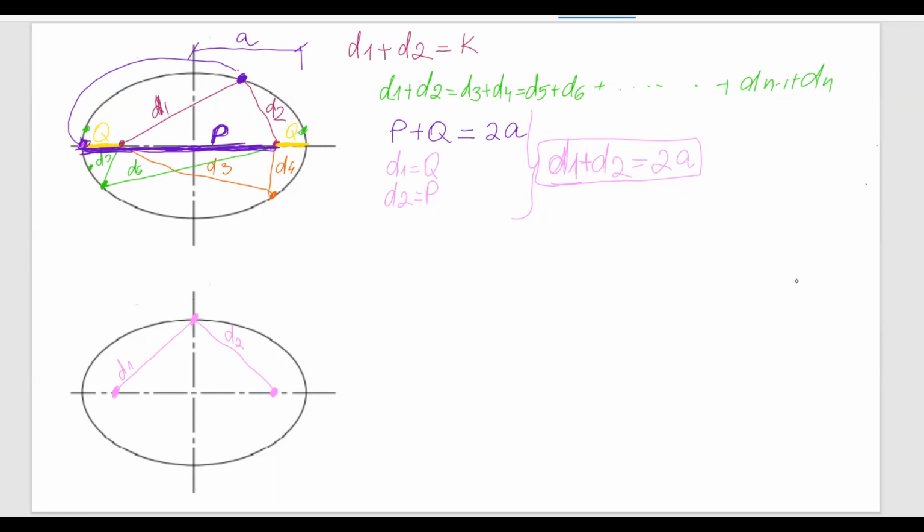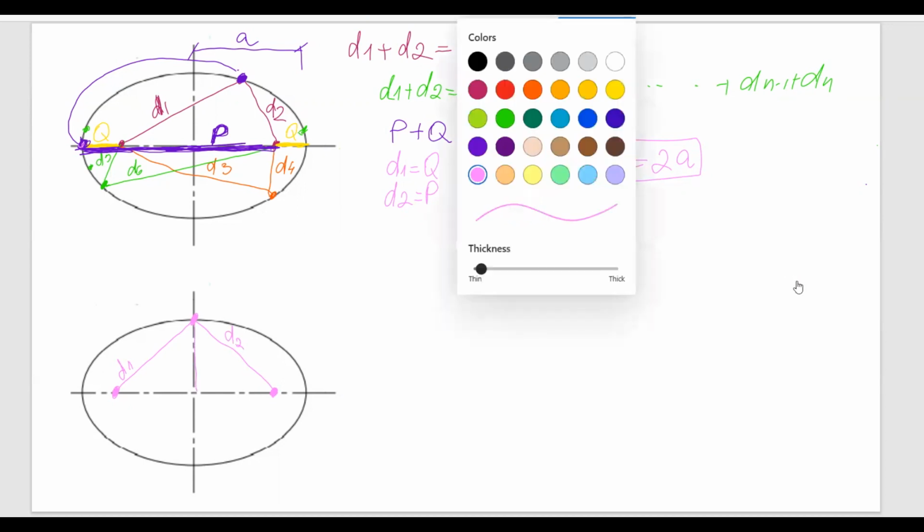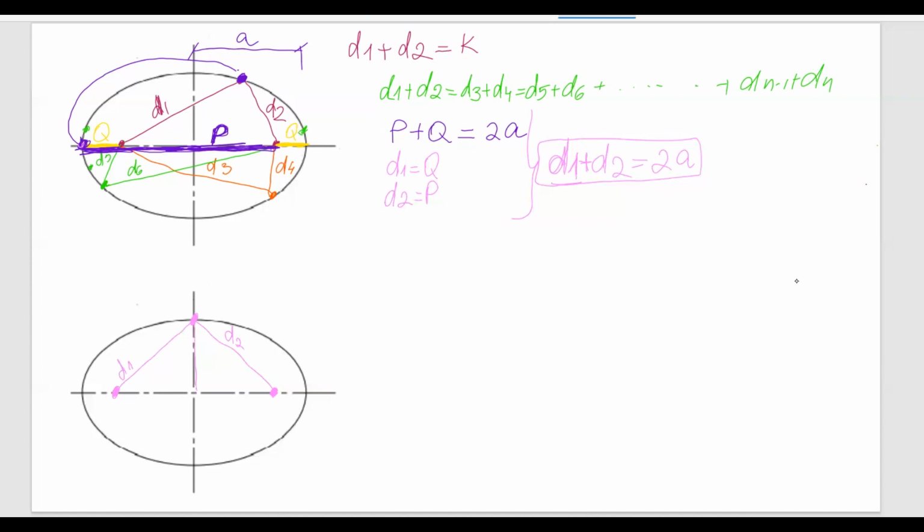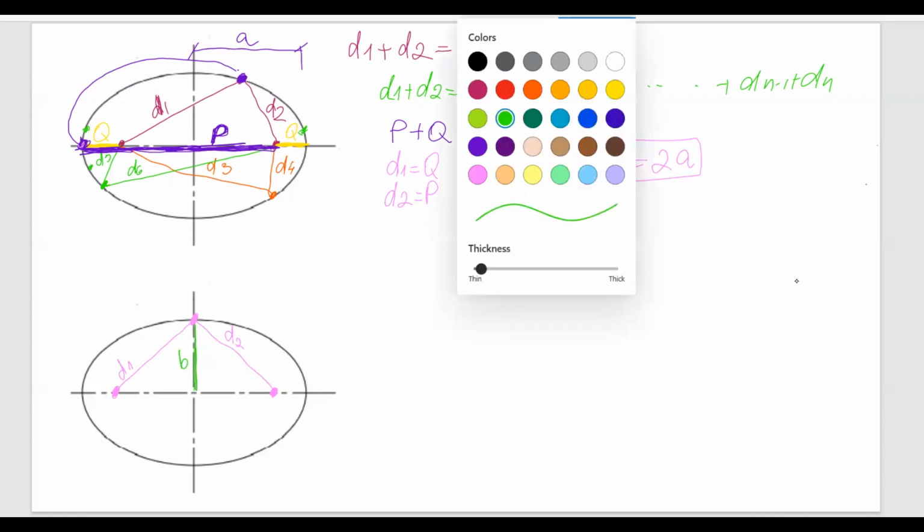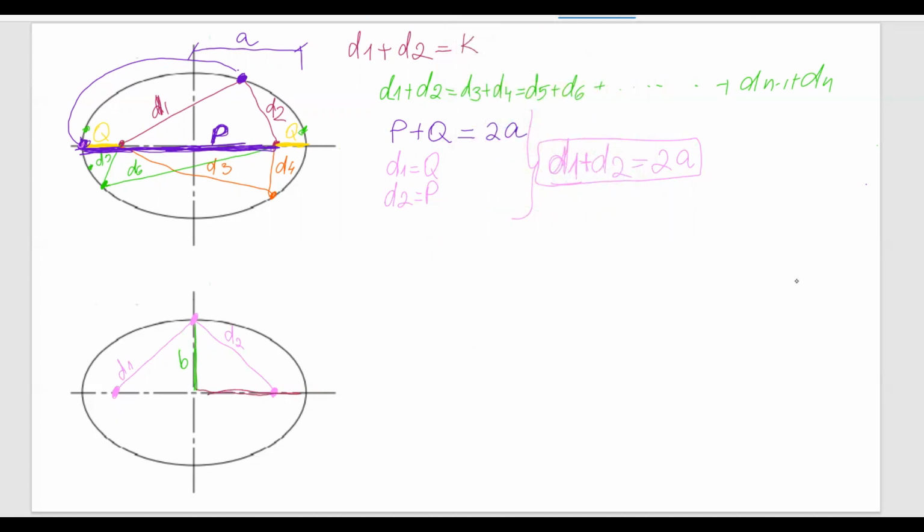Of course, this in green is B. This magenta color is A. So this is A.